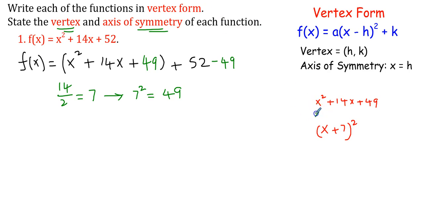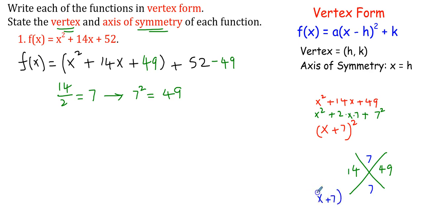Because this is x square and 49 is 7 square, and in the middle you have 2 times x times 7, right? So x plus 7 whole square. Or following that same old process, my 14 here, 49 is the product. My two numbers have to be 7 and 7, so that my product is x plus 7 times x plus 7, which gives me x plus 7 whole square.